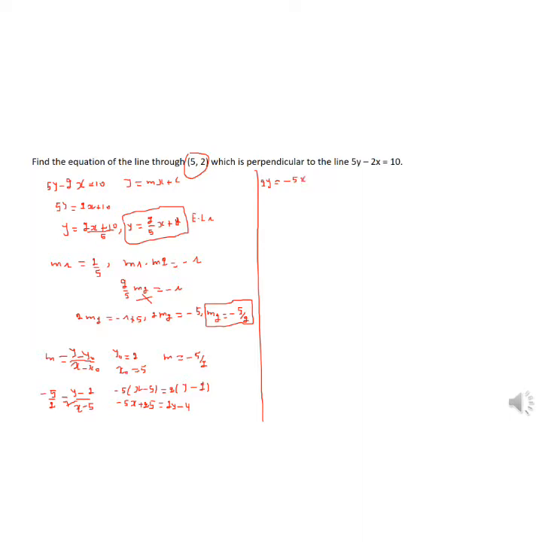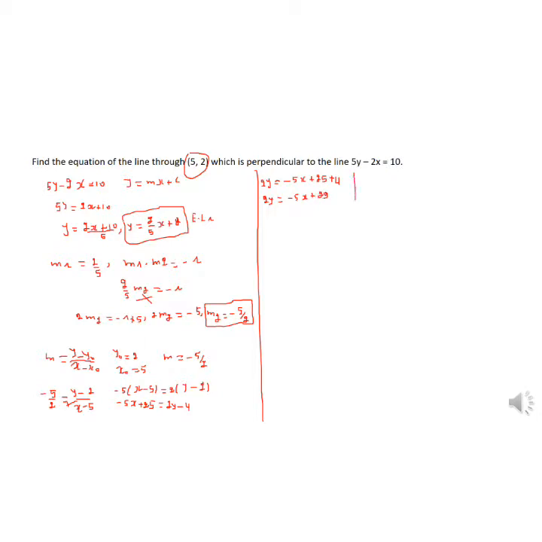So minus 5 plus 25 plus 4. So now 2y is equal to negative 5x plus 25 plus 4, we get 29.